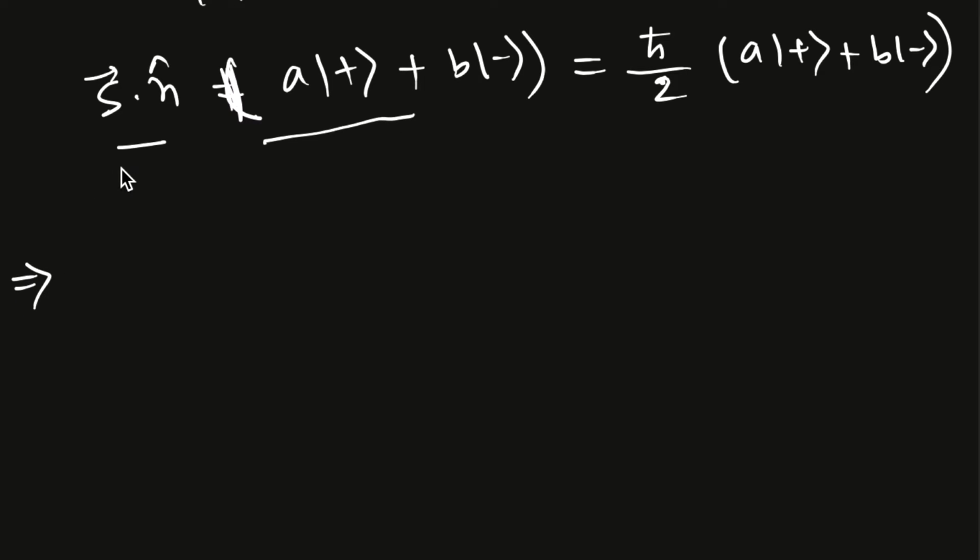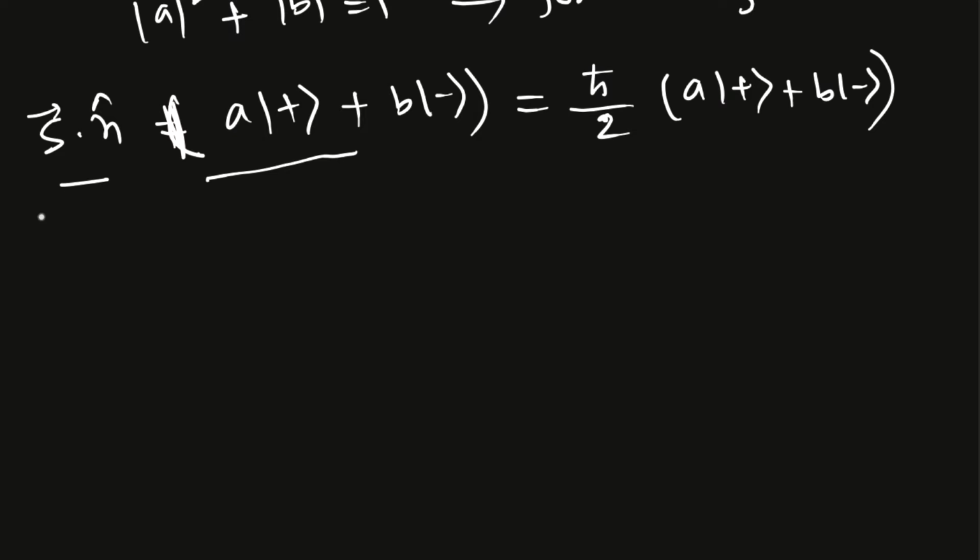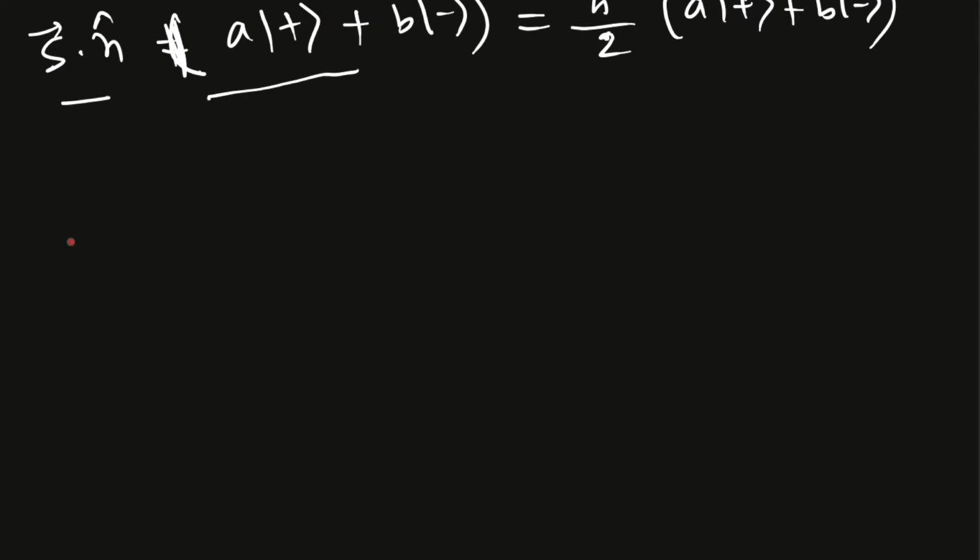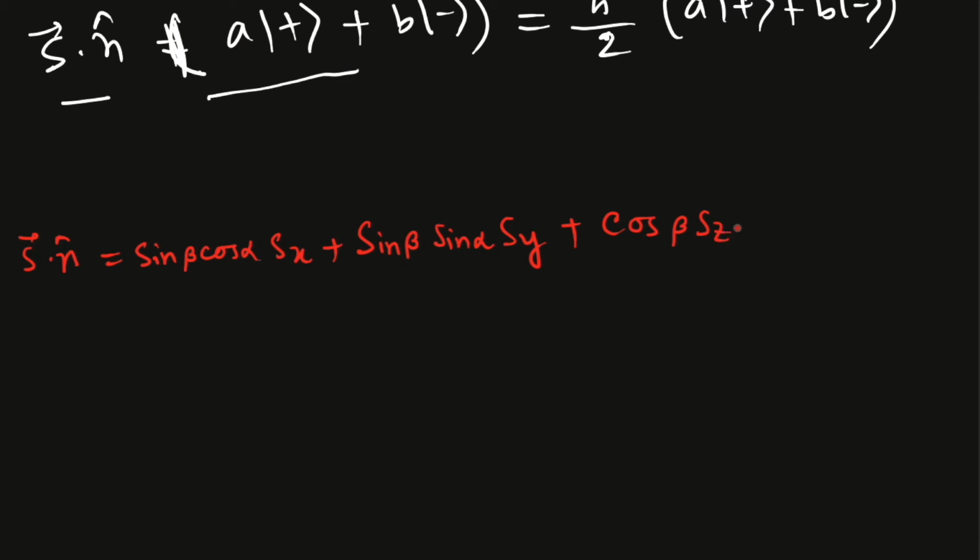So now let us write the operator S dot n cap in terms of Sx, Sy, Sz, which is sin beta cos alpha Sx plus sin beta sin alpha Sy plus cos beta Sz.